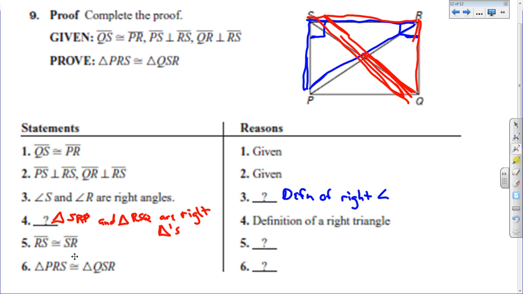And RS is congruent to SR. It's because it's exactly the same. So that's reflexive. And it already told us that QS is congruent to RP. So this is congruent to this. And so we have hypotenuse leg.